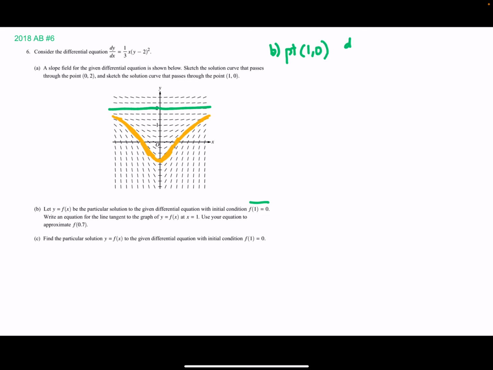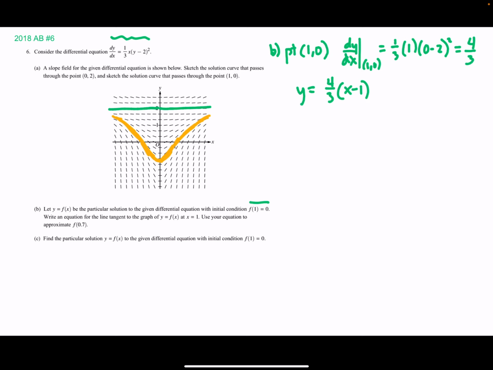My slope at the point (1, 0): I'm going to plug into this slope equation, and I have 1/3 times 1 times (0 minus 2) quantity squared, and I get 4/3. The equation of the tangent line is then y equals m times (x minus x1) plus y1, plus 0, which I don't have to write.